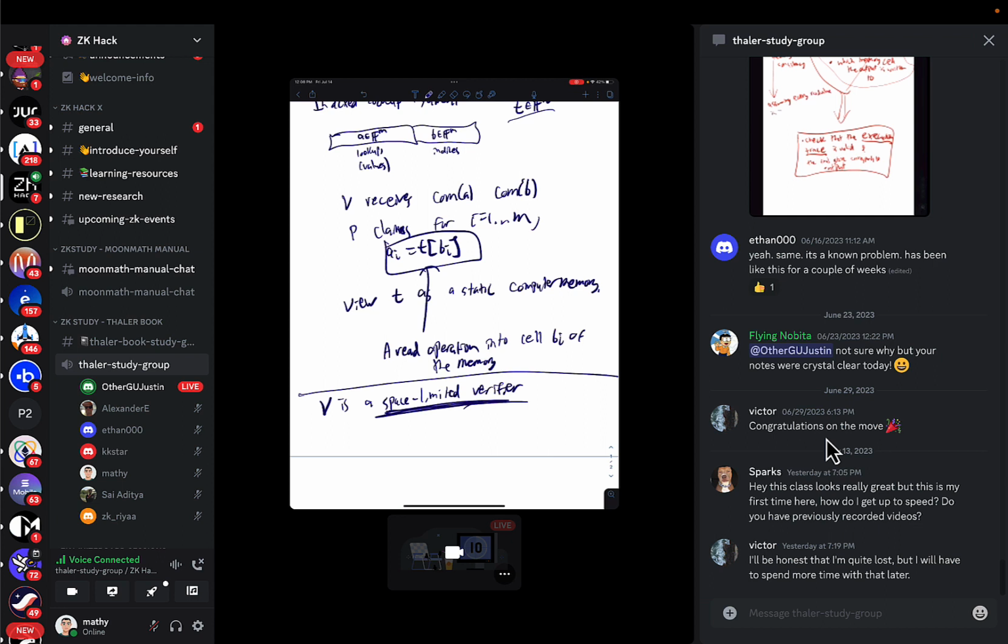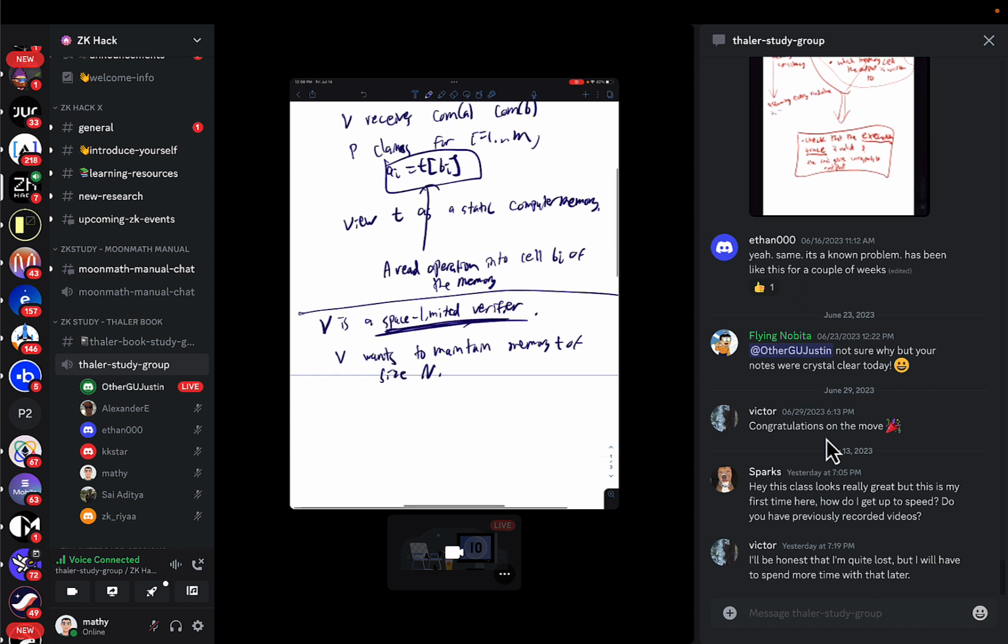So they're like, we got this verifier who has very little space, but the verifier would like to maintain this memory T of size n, which is way too big for the verifier to store itself. Okay, so what the verifier in memory checking wants to do is outsource the maintenance of memory to an untrusted prover.